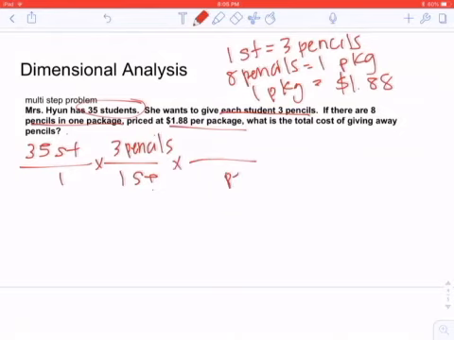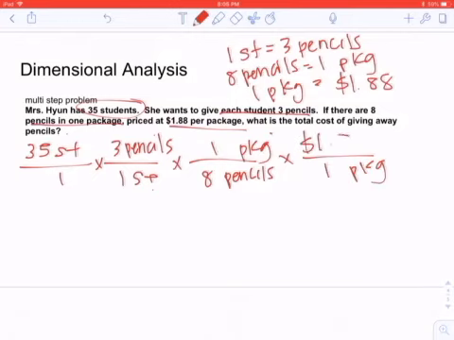I'm going to drop pencils down here. 8 pencils is 1 package. And again, drop package down to the bottom, and 1 package is $1.88.